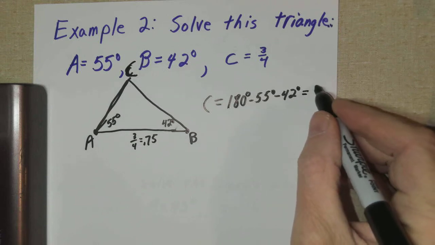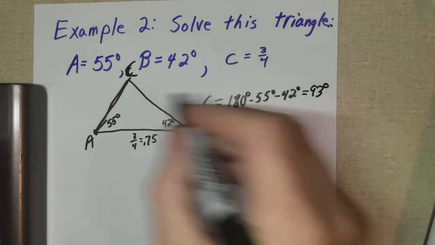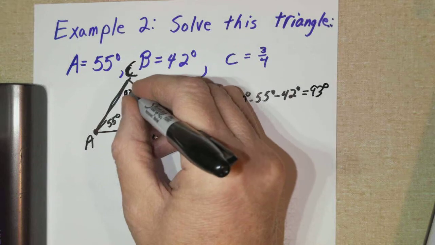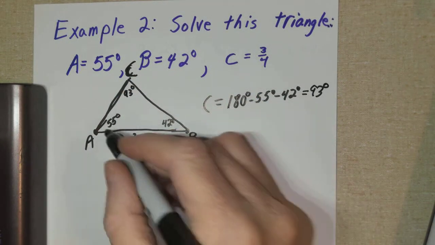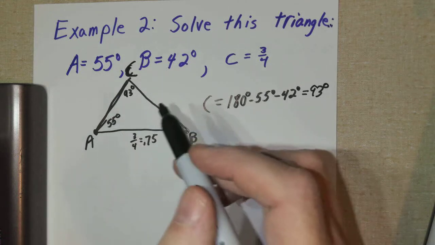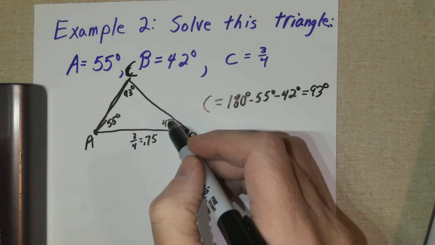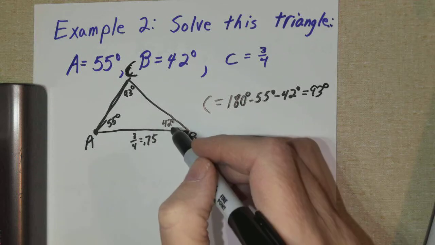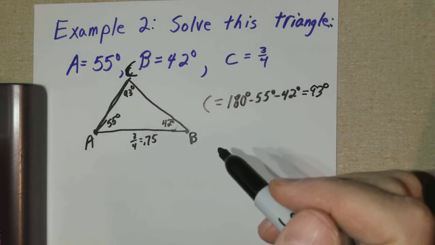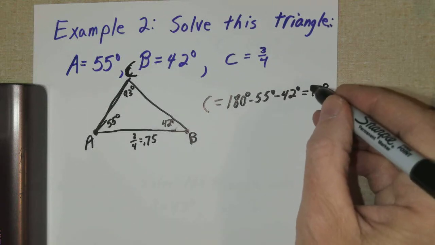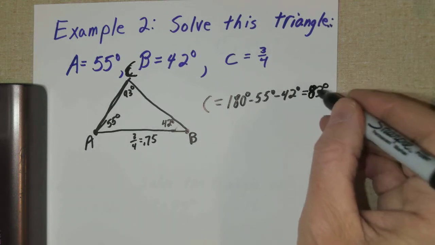I think we got a 93-degree angle here. 93 plus 42 is 135. 93 plus 55 is 148. Okay. Perhaps that is 83 degrees there.